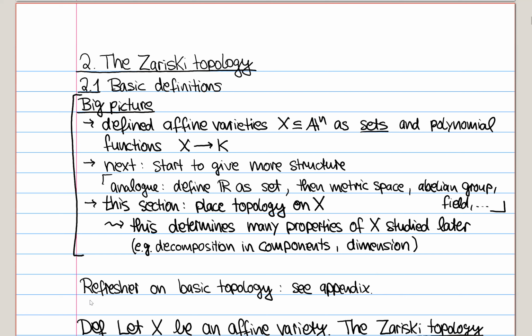I know this is a mandatory course at ETH, but if you need a refresher, I'm going to put up a short video as an appendix where I remind you about these basics of topology.